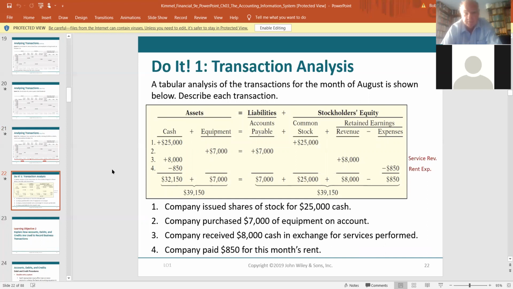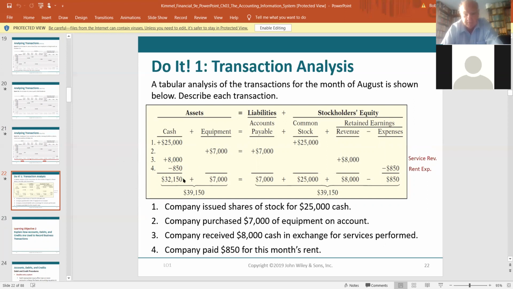Assets equals liability. Describe each transaction. A tabular analysis of transactions for the month is shown. Describe each transaction. And what they want you to do, and we'll do this briefly here, Liba, is they want you to look at transaction number 1. What happened? Well, you read it, you can see they issued common stock. Number 2, what happened?